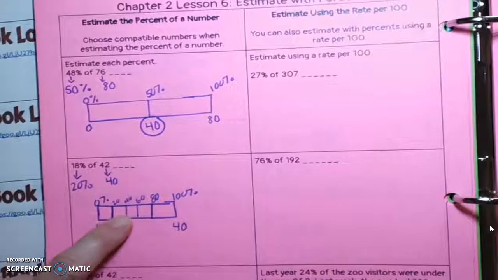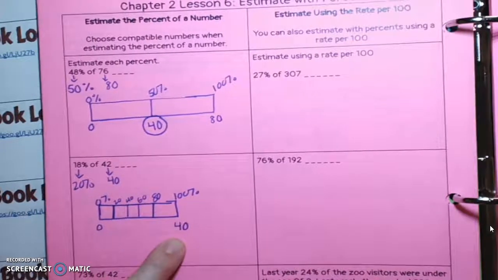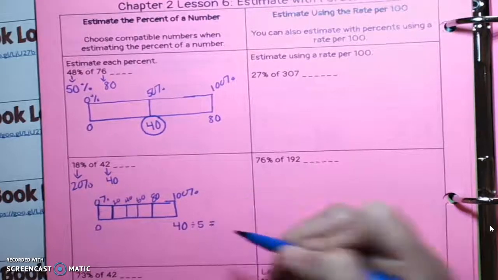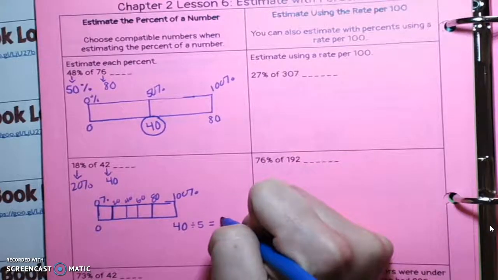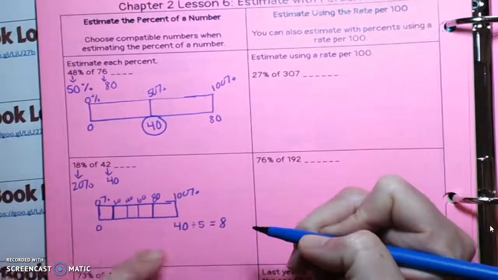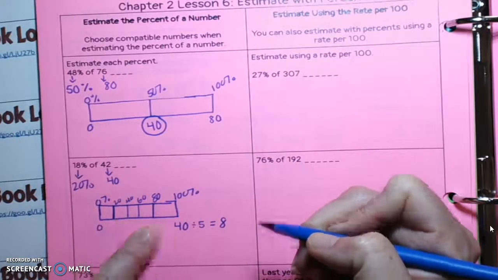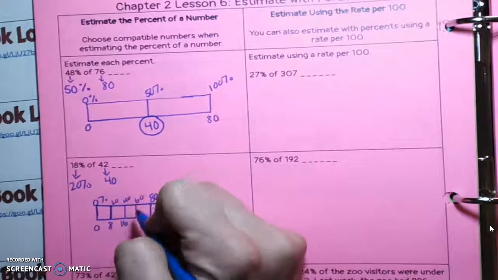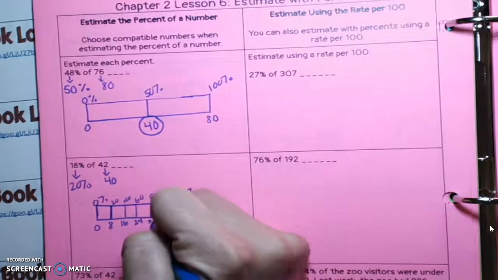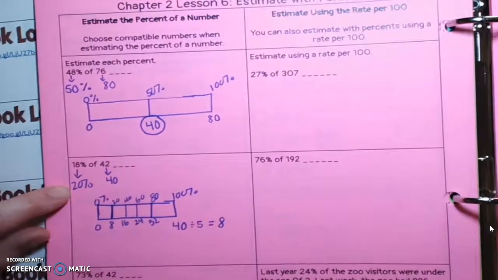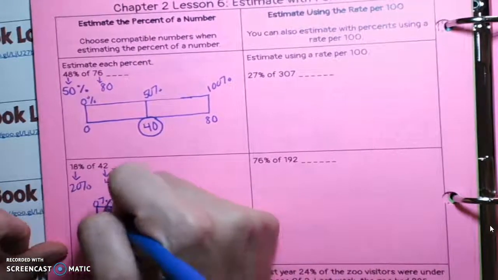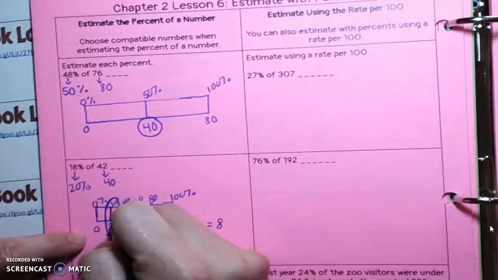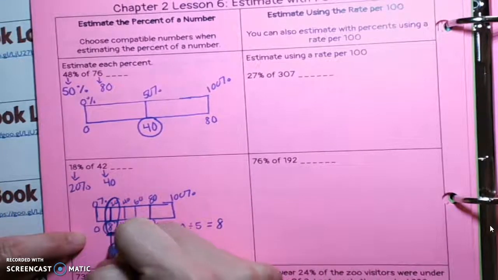So there's 1, 2, 3, 4, 5 lines. 40 divided by 5 is 8. So each time we go up by 8. So 8, 16, 24, 32, 40. At 20%, which is right here, we are at 8. So our answer is 8 on this one.